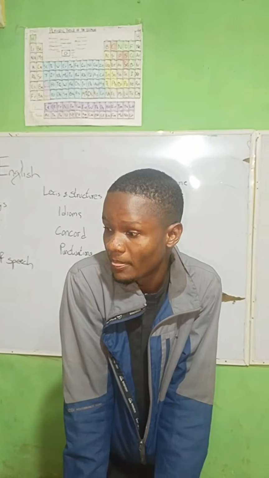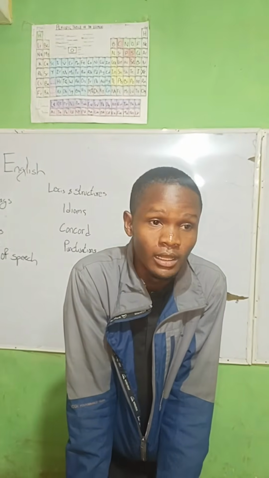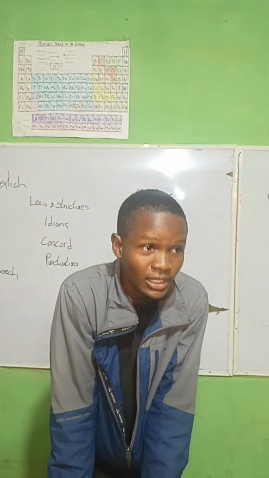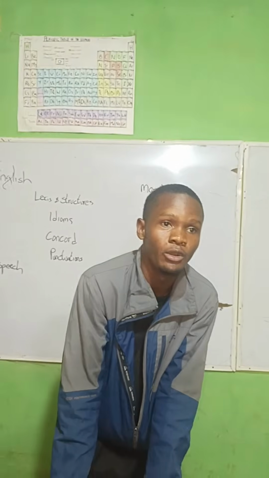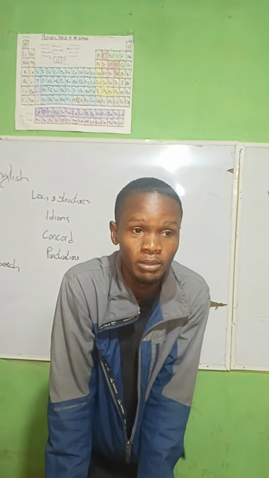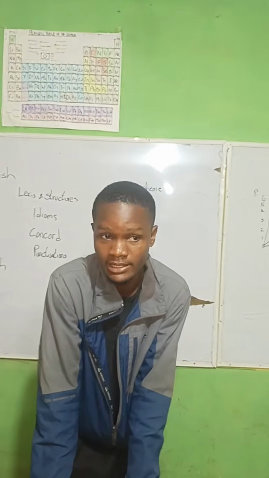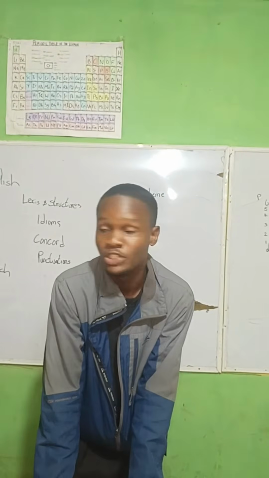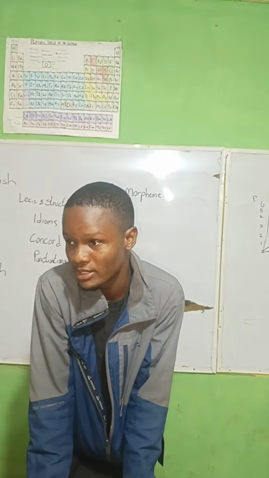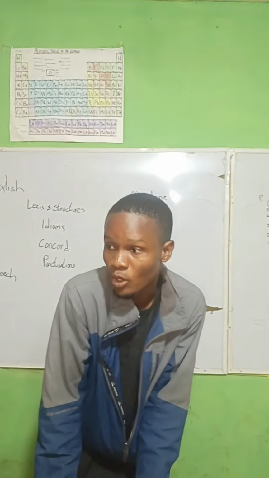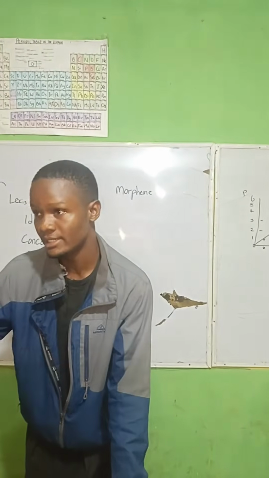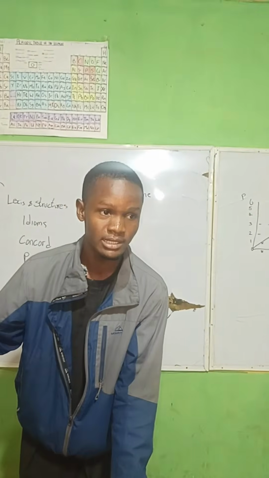Are we together? So now the hack, or the cheat code, to answering compound complex sentences is that the clause in the middle is usually the subordinate clause. Do we understand? So it's easy that way. Then when it comes to complex sentences, the clause ending the sentence is your subordinate clause.